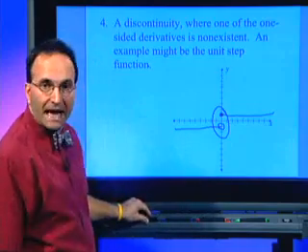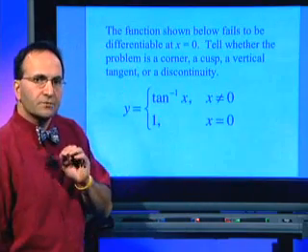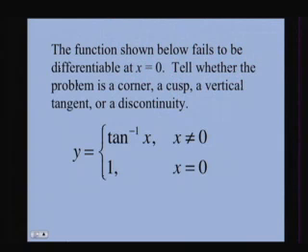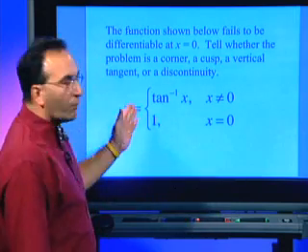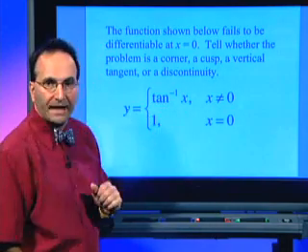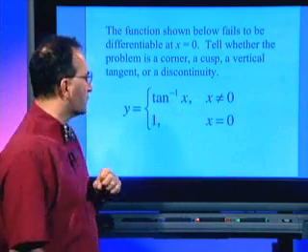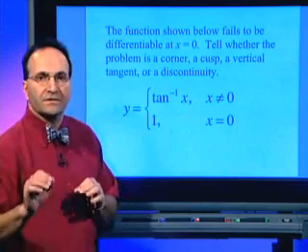So that's our 4 examples of where that can happen. Now, let's try an example. Suppose the function shown below fails to be differentiable at x equals 0. Tell whether the problem is a corner, a cusp, a vertical tangent, or a discontinuity. We have y equals arctan of x for x not equal to 0, and y equals 1 at exactly x equals 0.